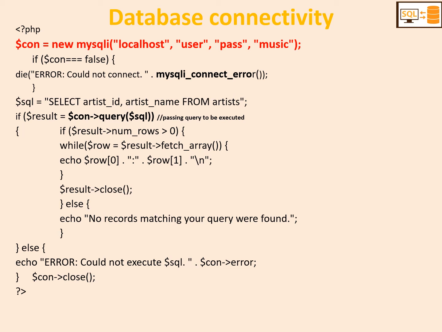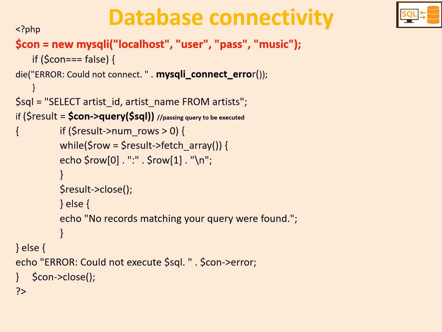If the connection variable has a false value, then it should end that connection by calling the error message using the function mysqli_connect_error. If the connection has a true value, the rest of the statements will be executed.